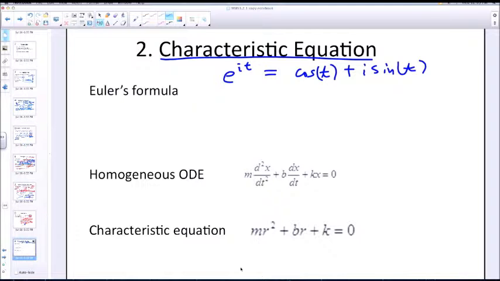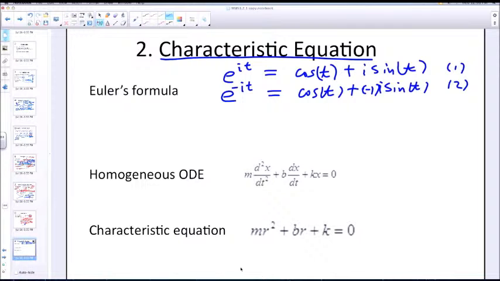That connected the trigonometric function and exponential function. So if you replace the it by negative it, then you can write this. Cosine negative t is same as cosine t. Sine negative t is negative sine t. And you have the i.